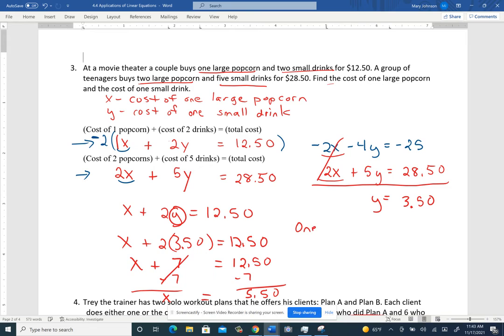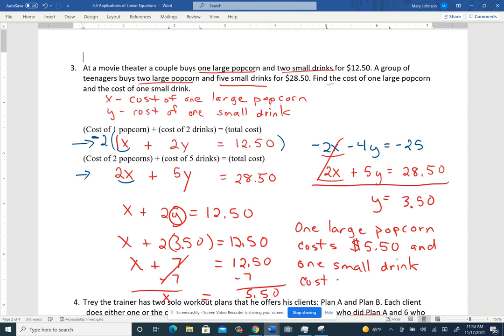So you'd say something like one large popcorn costs $5.50, and one small drink, don't capitalize, costs $3.50. And you can plug in the x and the y in each of these and make sure that you get what you're supposed to get as a means of checking them.